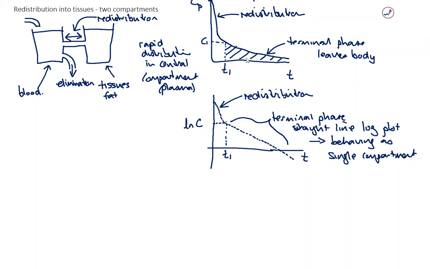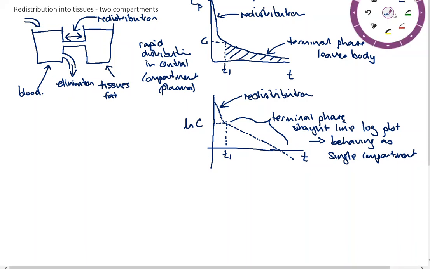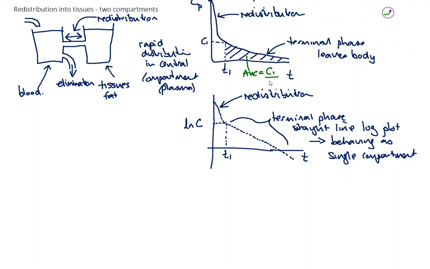The area under the curve here is now C1 over Kz, and Kz is the terminal phase rate constant for elimination.